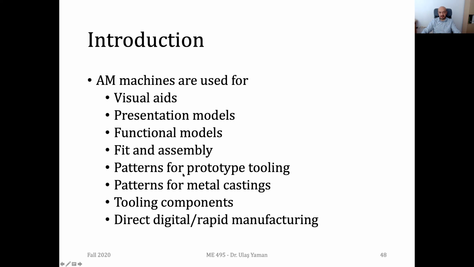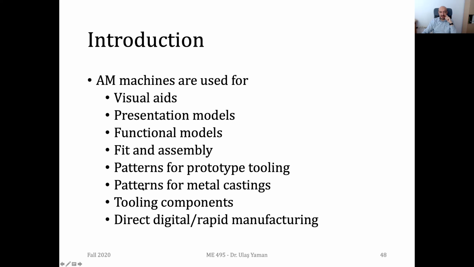And you may further use them especially for specific tooling problems in, let's say, manufacturing or in other assembly operations. You may need special tools to do your other operations. And additive manufacturing is a fast way, as you know, and especially fused filament fabrication is used for these purposes.